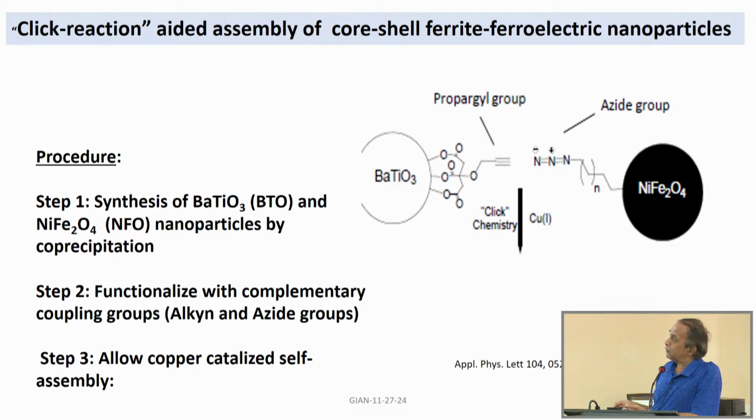Okay, so what is the procedure for chemical self-assembly of the coarser particles? The first step is to synthesize barium titanate and nickel ferrite nanoparticles. We did that for nickel ferrite by co-precipitation, and for barium titanate we did not make them. We just purchased them from vendors. There are many companies that would sell nanoparticles of barium titanate, the size that you want.